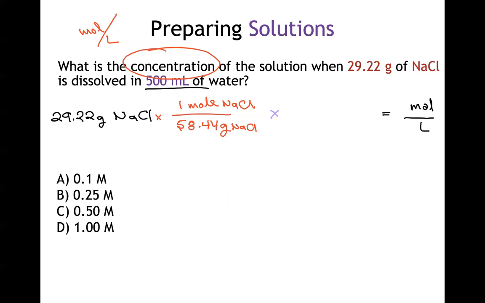So we're going to multiply that by 1 over 0.5000 liters. Why divide, not multiply? Again, I always say, keep track of the units. Ultimately, the units are going to cancel out and you will end up with the unit of interest, in this case, moles of solute per liter of solution.